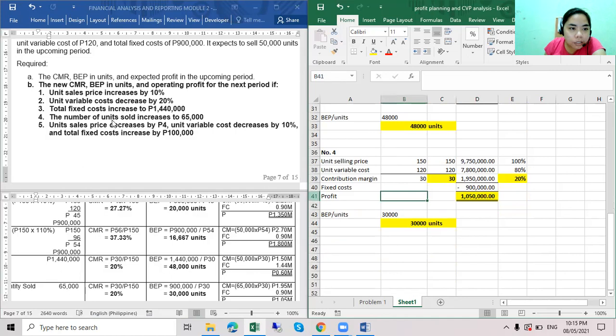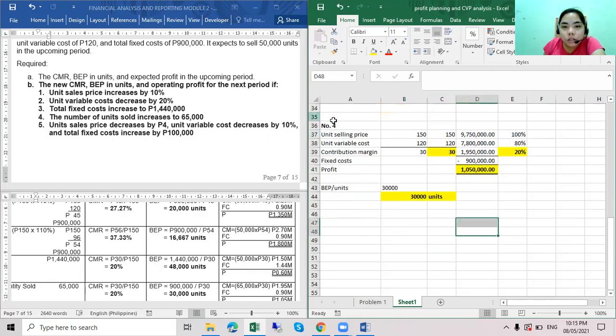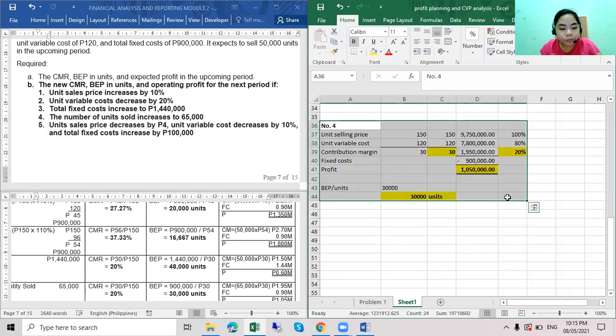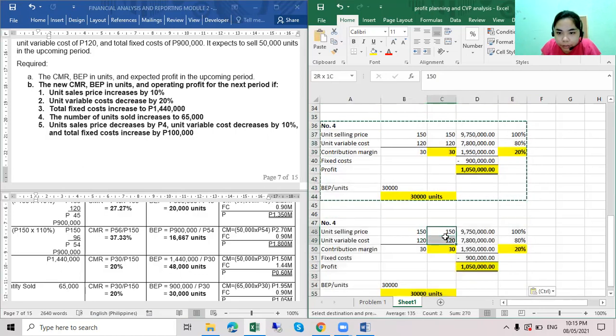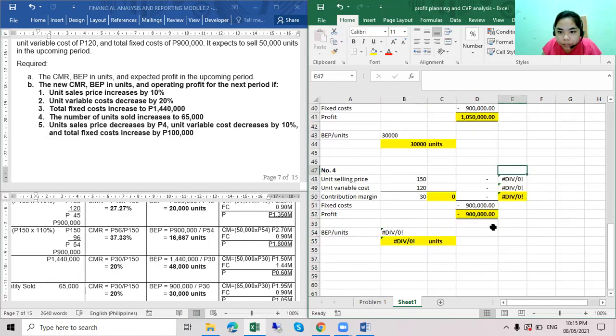And last is unit sales price decreases by 4 pesos, unit variable cost decreases by 10%, total fixed cost increases by 100,000. Unit sales price decreases by 4. So mabuhin ta 4 pesos sa 150.